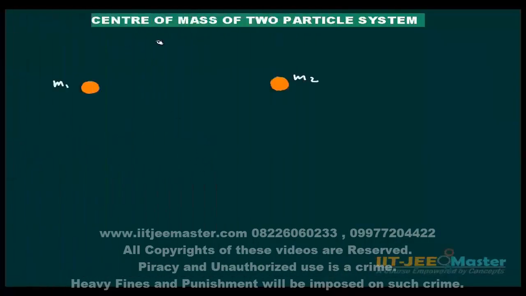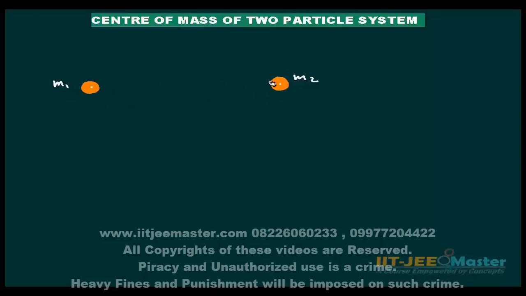Let us see the center of mass of a two particle system. If there are two particles in a system, how is the center of mass found? We have taken the size of the objects very big, but the size of a particle is actually very small. Even then we will treat them as particles, and their centers will be the particles for us.